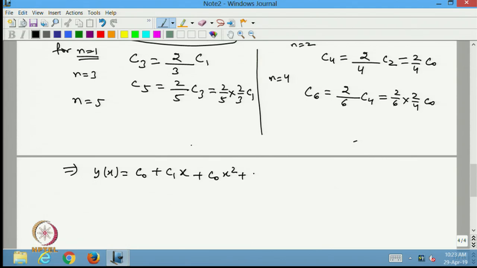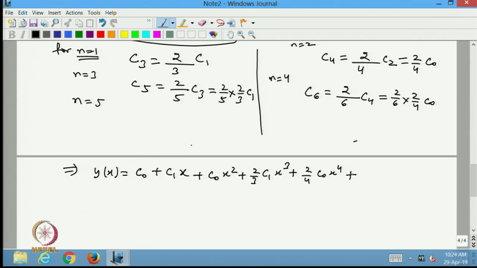Then C3 I know is in the form of C1, so I can write here 2 by 3 C1 x cube. Then C4 in terms of C0, so I can write it as 2 by 4 C0 x raised to power 4.